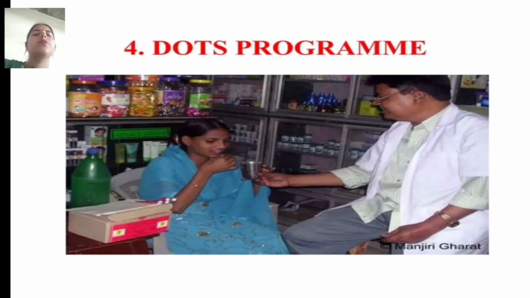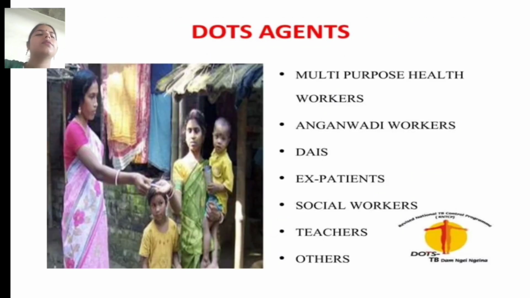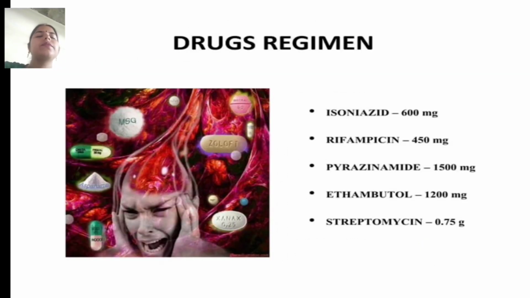That is the DOTS program. The components of the DOTS program are political commitment, accountability, direct observation, and good quality sputum smear. Next is the DOT agent: multi-purpose health workers, Anganwadi workers, ex-patients, social workers, teachers, and others.